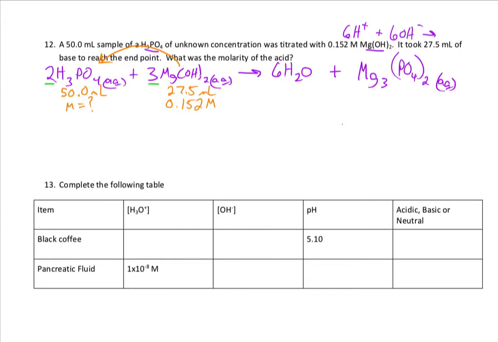So if I'm going from this compound to that compound, the only connection between those two is the unit moles. So how do I get moles out of this? Well, it's embedded within that molarity formula. There it is. I just need to solve this formula for the number of moles, and one way to do this is the equation triangle.